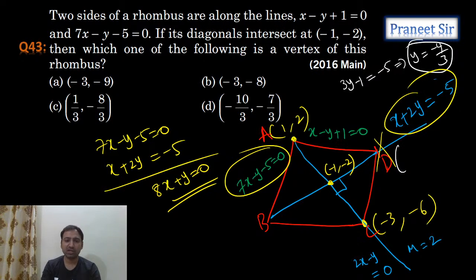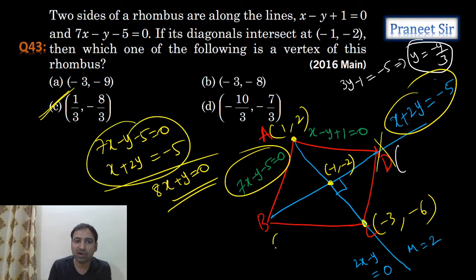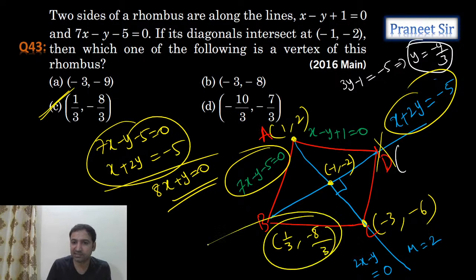So which of the following options lie on the line 8x plus y equals 0? Very simple. Only the third option is there. That's it. The third option is the correct answer. Yes, Lakshman, you are right. Perfect, guys. Everyone understood how I am calculating. If I solve these two equations, I get point B as 1 by 3 comma minus 8 by 3. That is the answer.